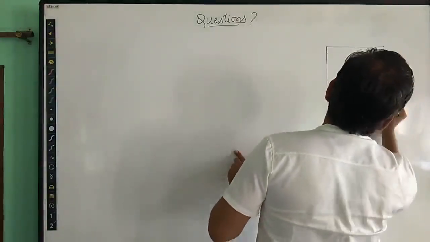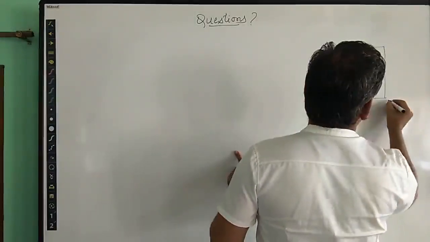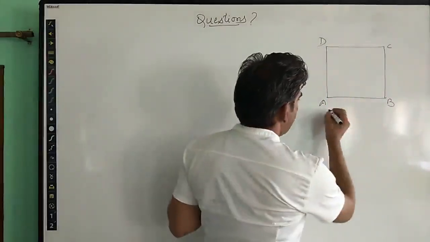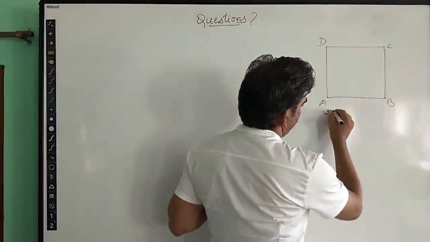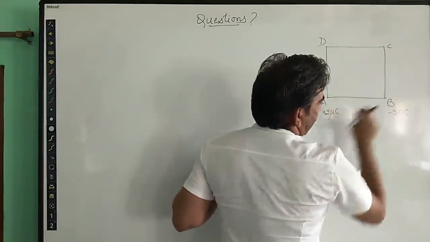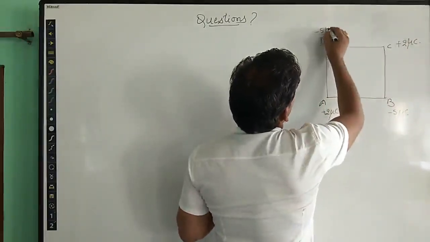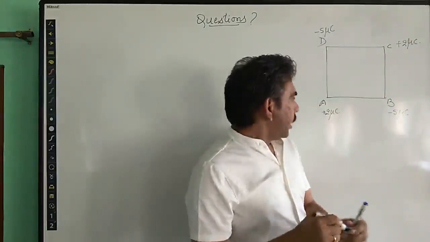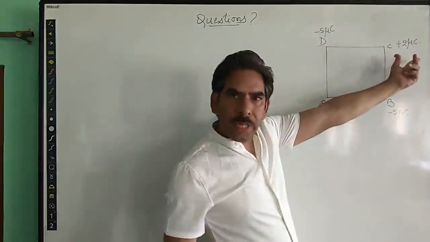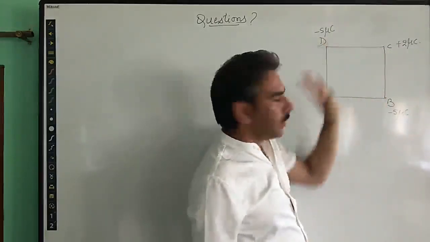A square, let us name it as A, B, C and D, and it is given that there is a charge plus 2 microcoulomb at point A, minus 5 microcoulomb at B, plus 2 microcoulomb at C and minus 5 microcoulomb at D. So we can see that at diagonally opposite vertices there are similar charges, at A and C and at B and D, right?